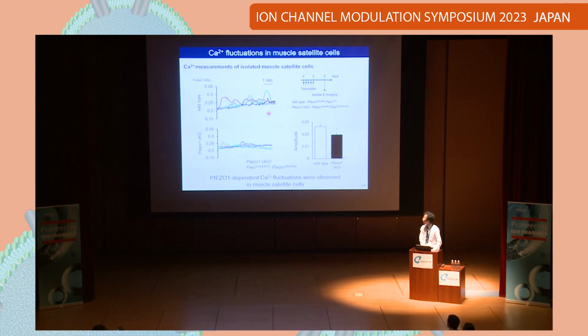In wild type, calcium fluctuations were clearly observed like this, while the amplitude and the number of calcium fluctuations were significantly reduced by Piezo1 deficiency, suggesting that Piezo1 works in satellite cells.